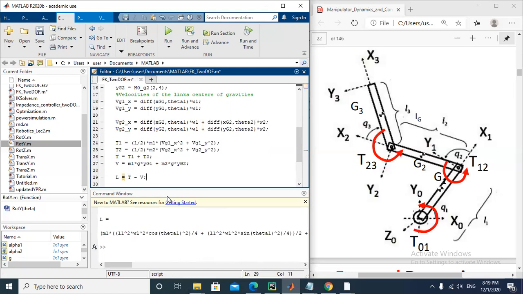What are we missing here? We're missing the rotational kinetic energies, as a result of rotating this rigid body, because it has dimensions, or simply because it has a moment of inertia I. So it's going to be plus 1/2 multiplied by I1 multiplied by the rotational speed of the first link squared, so omega 1 squared.